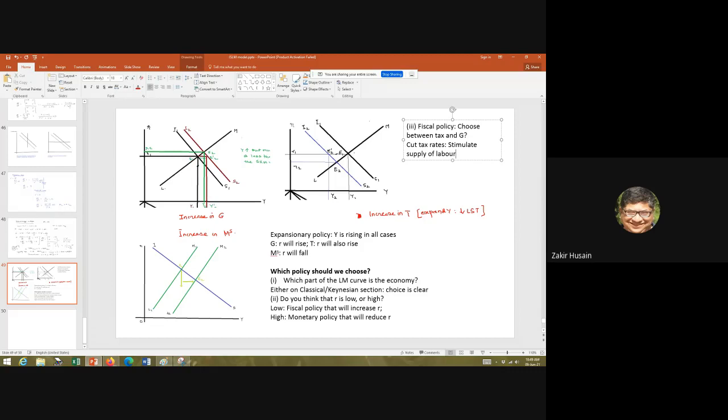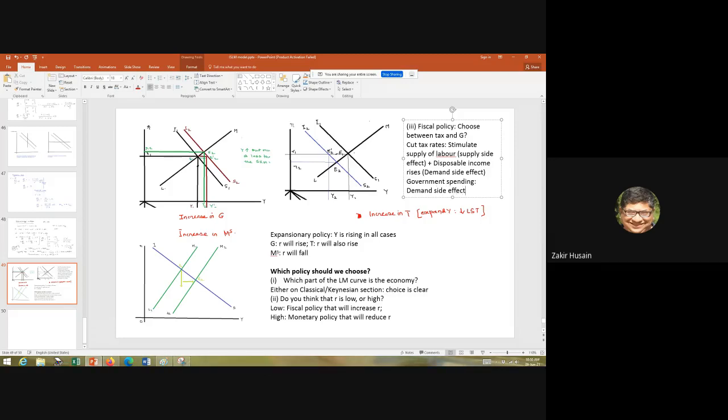So you're going to have a supply side effect. And plus you're going to have a demand side effect, in that you have more disposable income. On the other hand, if government spending goes up, you just have the demand side effect.